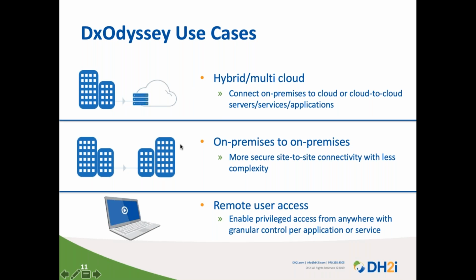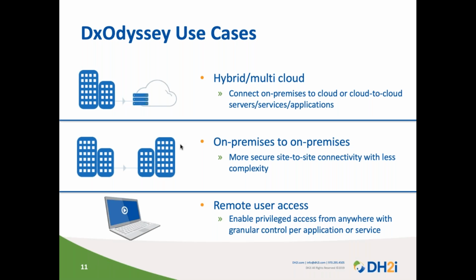Next one is that multi-site use case. Certainly there are a lot of organizations out there that have multiple different sites. They have multiple different data centers. They have branch offices. They have retail stores. Any of those sorts of situations, this can allow for that level of connectivity between those sites without having to open up that VPN pipe, adding a higher level of security and a deeper level of granularity.